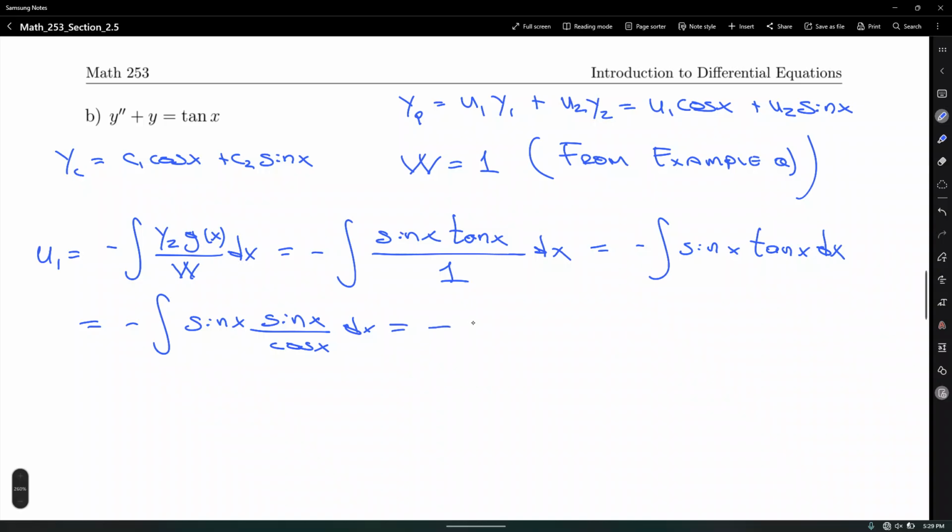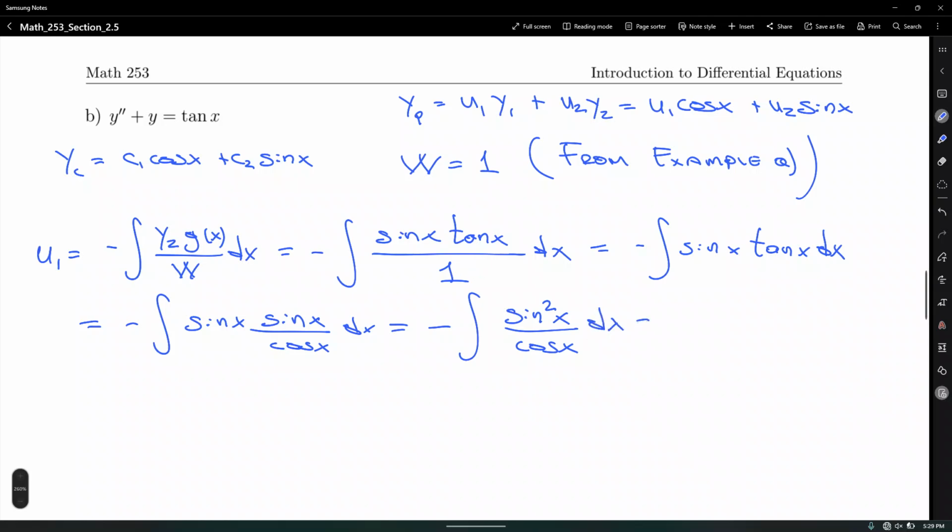However, this seems to be making the problem harder than it looks, because sine squared in the numerator, cosine in the denominator. We wish we had that cosine in the numerator and do a u sub for sine, all right? However, that's not the case.